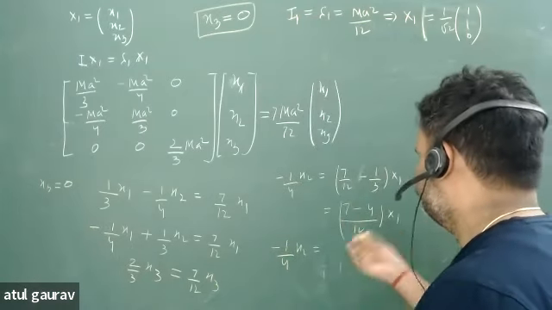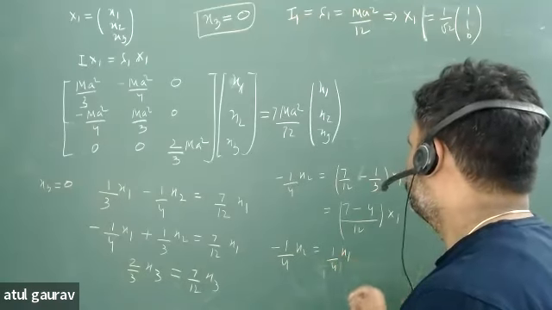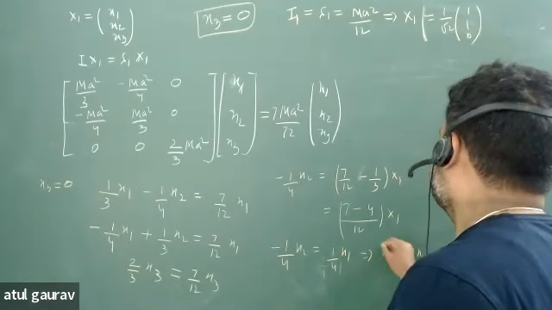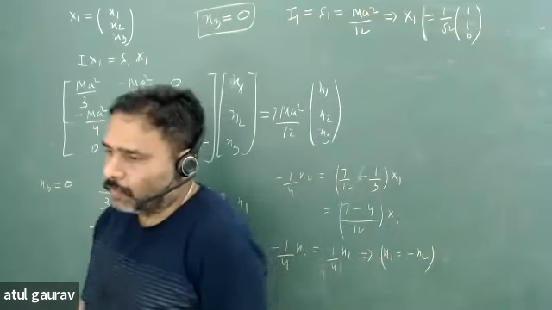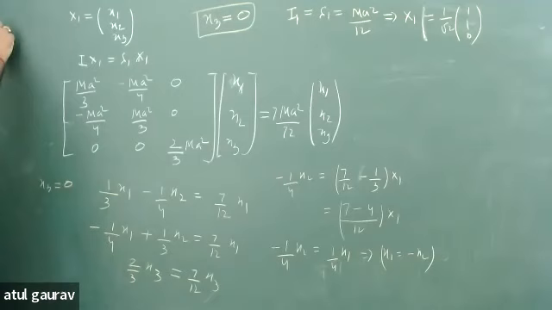How much is this coming to? 1 by 4. Yes, sir. So what is the meaning of that? x1 is equal to minus x2. So you have to just calculate, and now your x2 is x1, minus x1, 0.